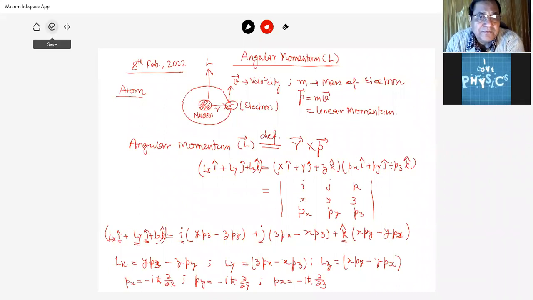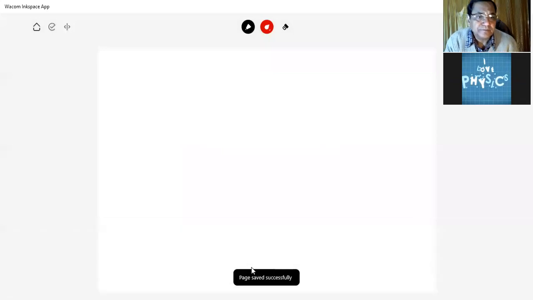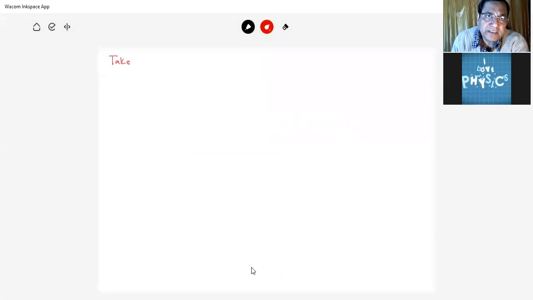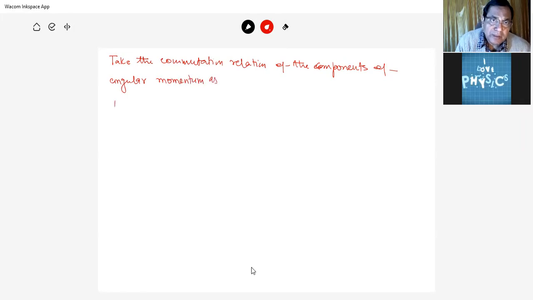So we take the commutation relation of the components of angular momentum, Lx and Ly.